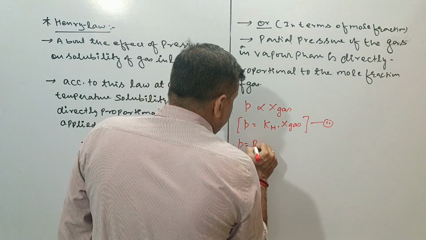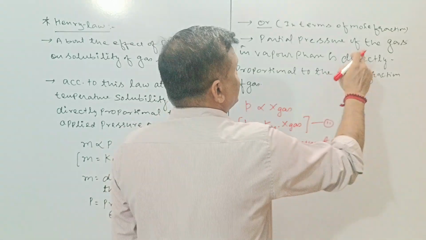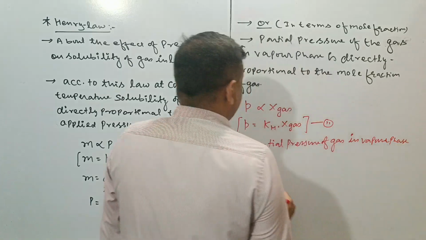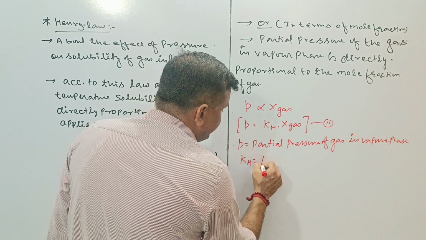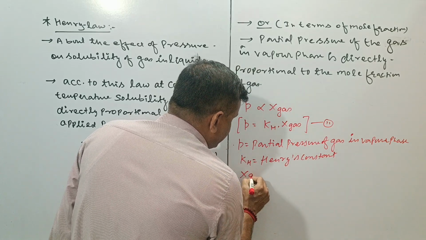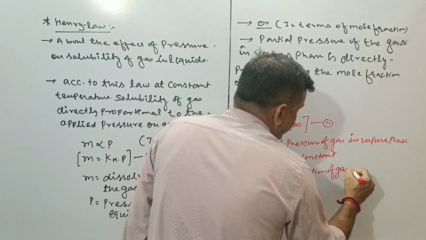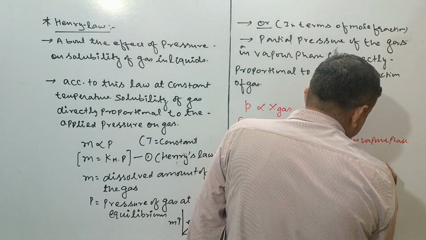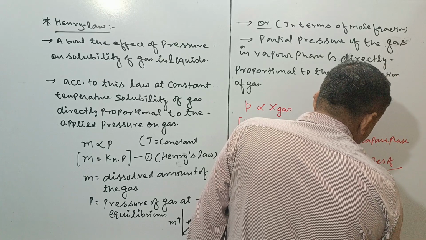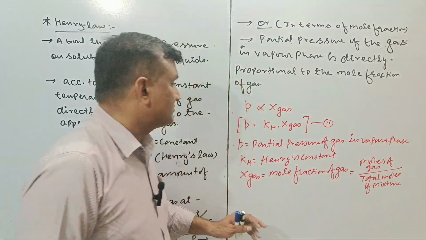Here P is the partial pressure of gas in vapor phase, KH is Henry's constant, and x of gas means the mole fraction of gas, which is equal to the moles of gas upon the total moles of mixture.